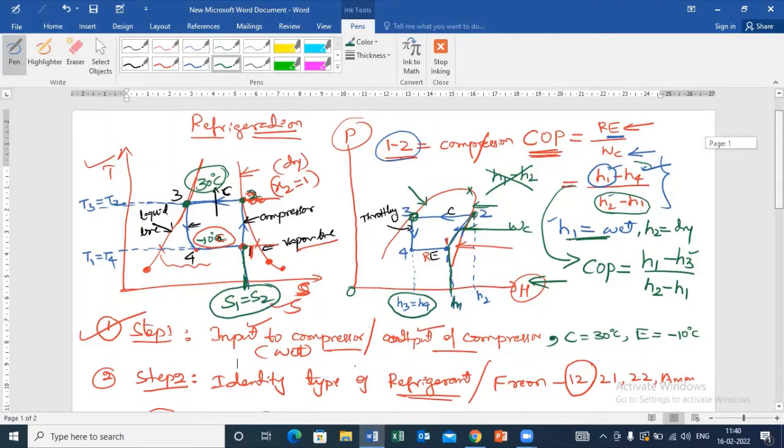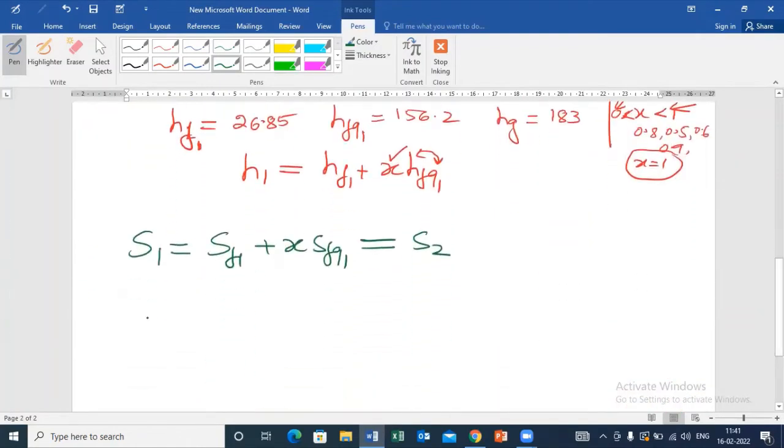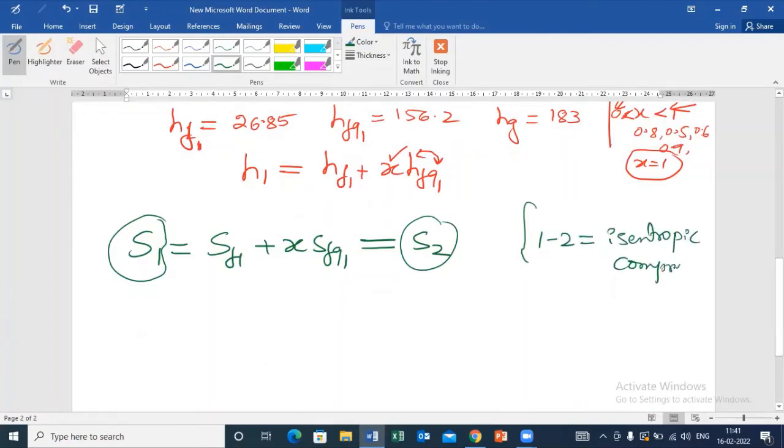So that value I will write here. S1 is equal to S2. That is the reason I have written S1 is equal to S2. So what is isentropic? Entropy remains constant. Such a process is called an isentropic process.